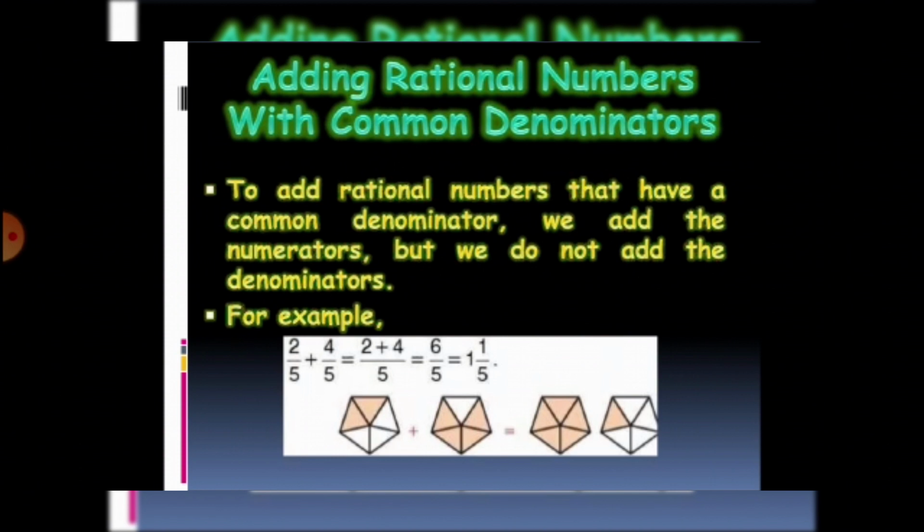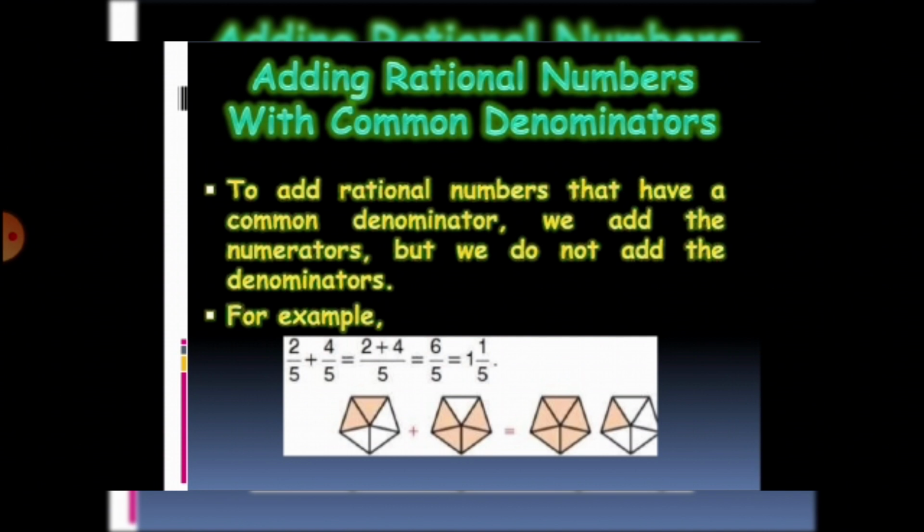We add the numerators, but we do not add the denominators. We keep the denominators common. Like for example, look at the picture. In the first picture, a pentagon is there which is divided into 5 equal parts. 2 is shaded, so it is 2 by 5 plus, in the second picture 4 parts are shaded out of 5, so it is 4 by 5.